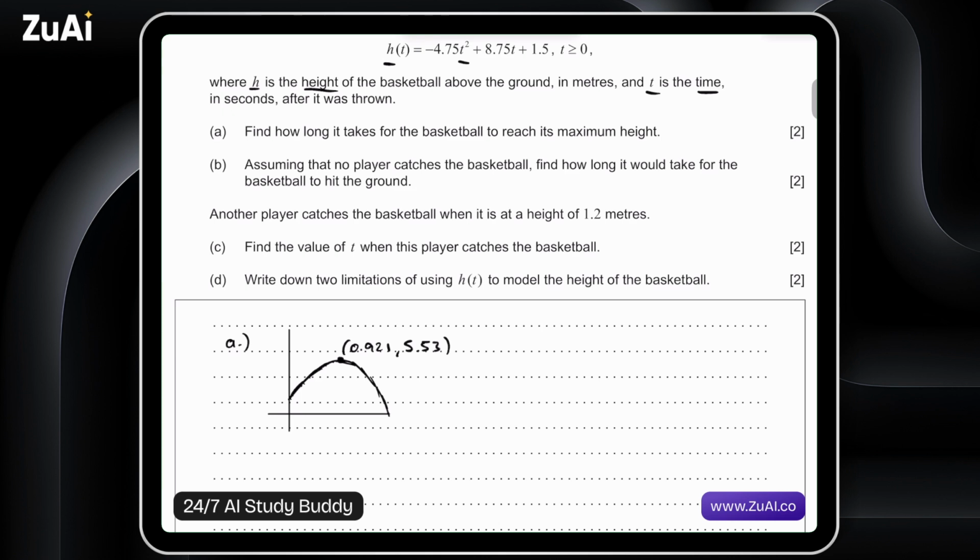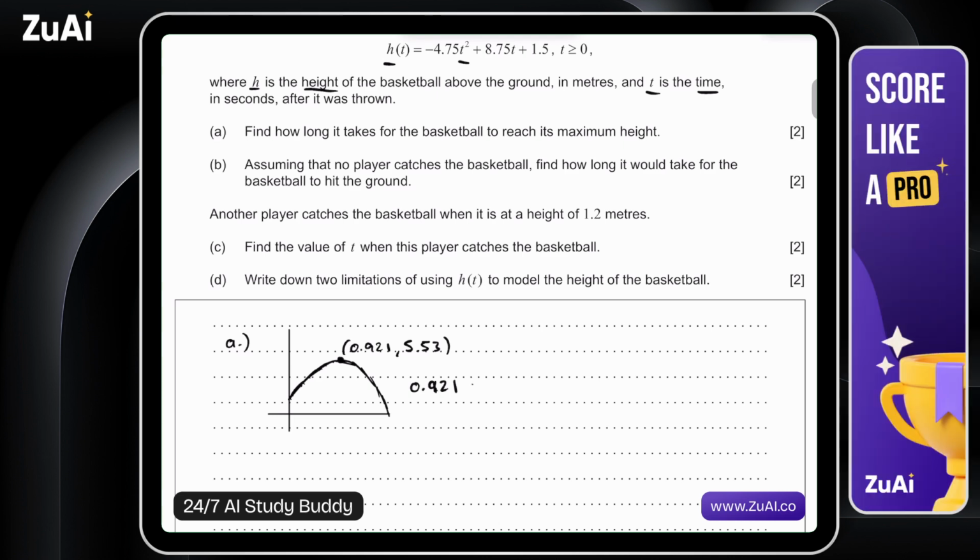And so our answer, how long it takes, 0.921 seconds. Just be careful, 2-mark question, they're going to want a sketch.